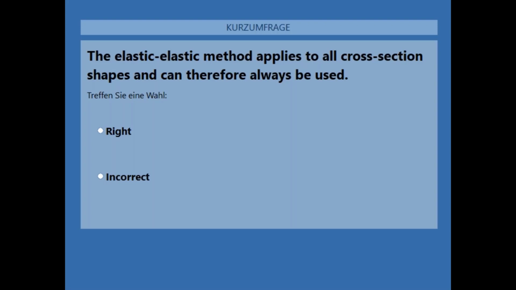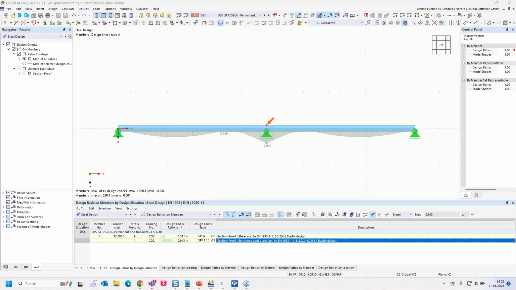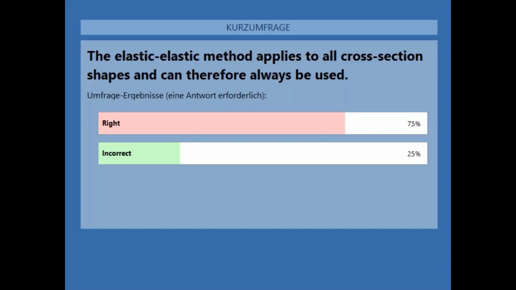Okay, then I will close the poll. Yeah, most of you checked the right button or gave the right answer. All, the design can always be done with the elastic method.